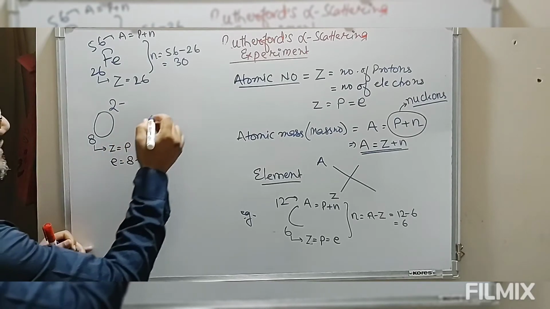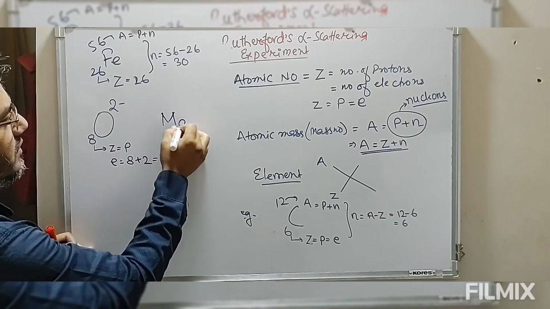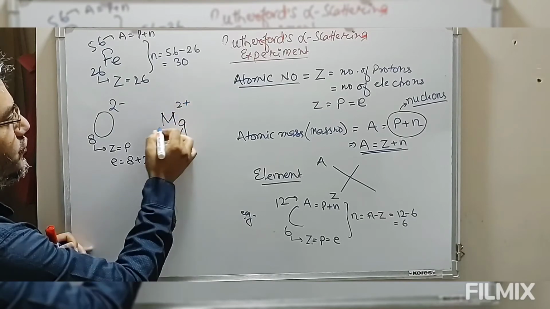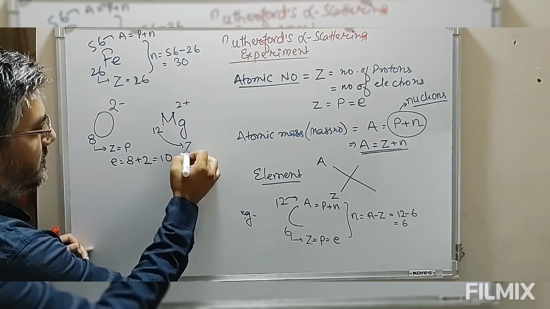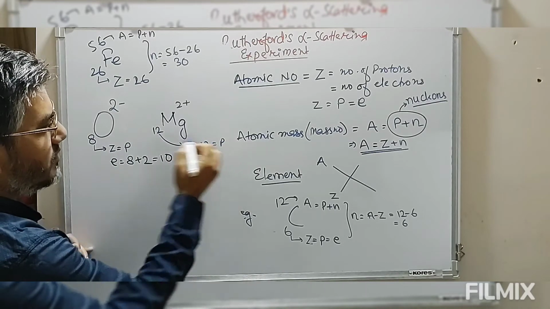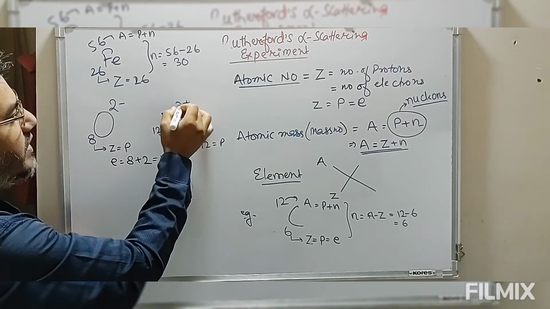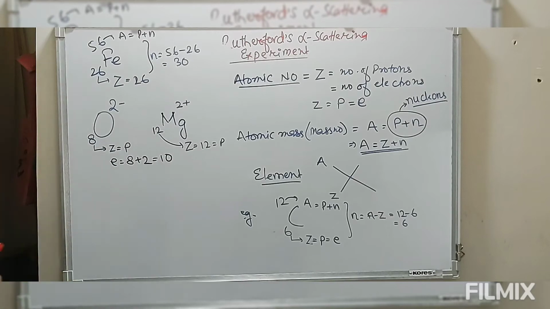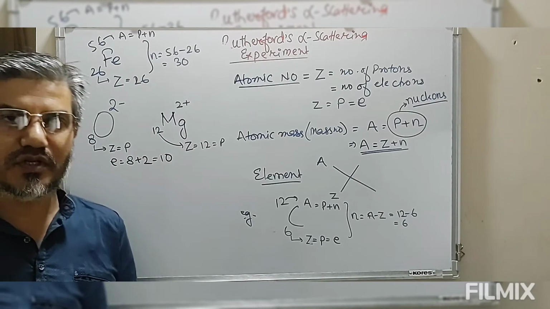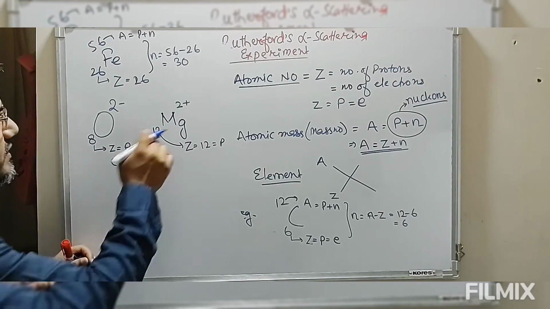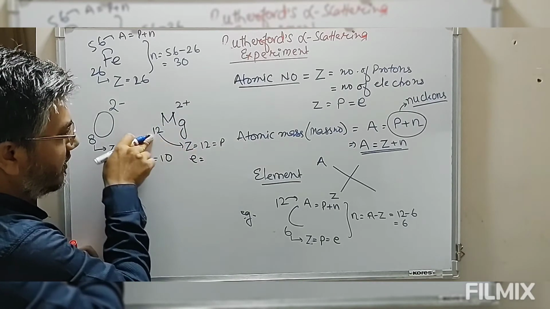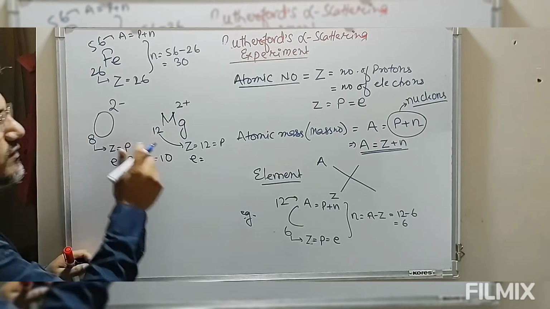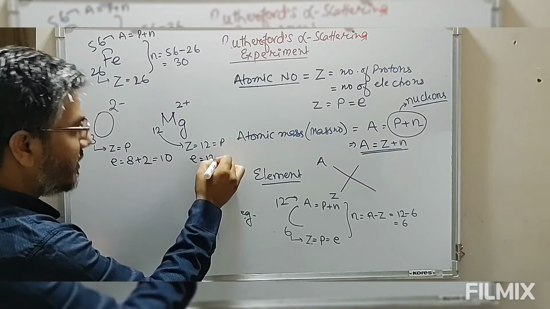Similarly, take magnesium 2 plus. Z is 12, which is equal to the number of protons. Now we have 2 positive charges, and the positive charge is due to the removal of electrons. Initially the neutral atom had 12 electrons.